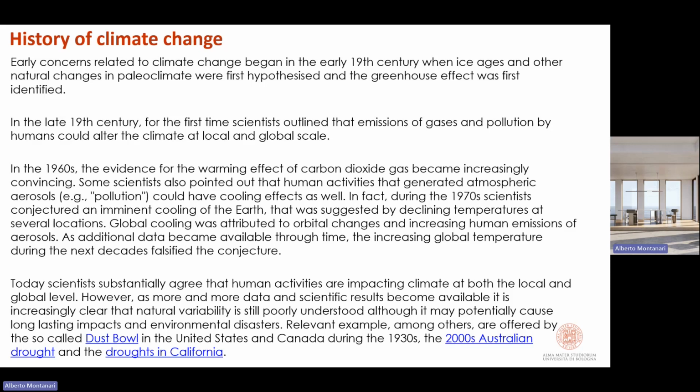So in a way, during 1950, 60, and 70, when the measurements of temperature indicated a decrease, there was a widespread concern. And this is something that is interesting to note.